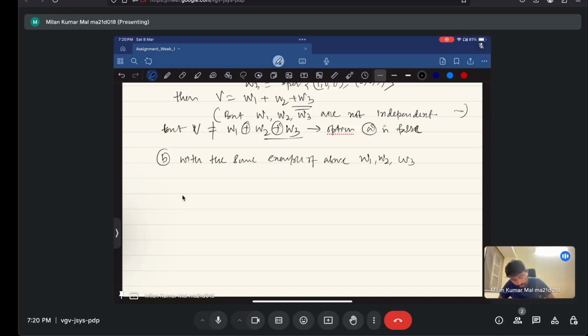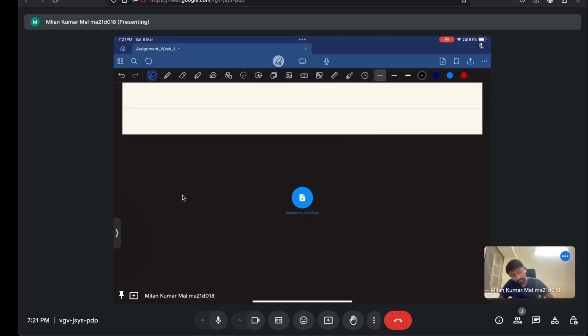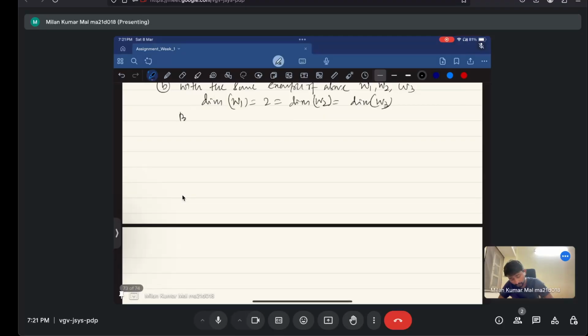W1, W2, W3, the dimension of W1 is the same, 2, that is the dimension of W2, that is the dimension of W3. But W1 intersection W2 intersection W3 contains only 0.